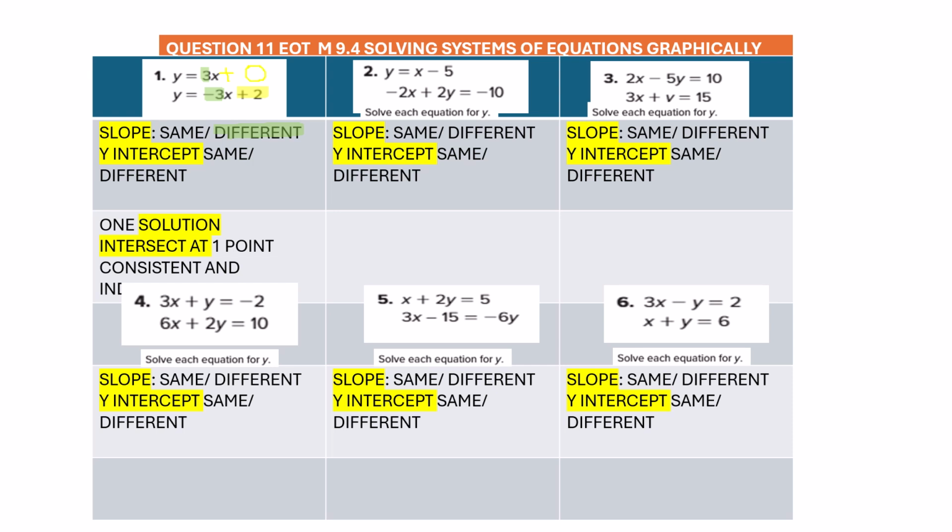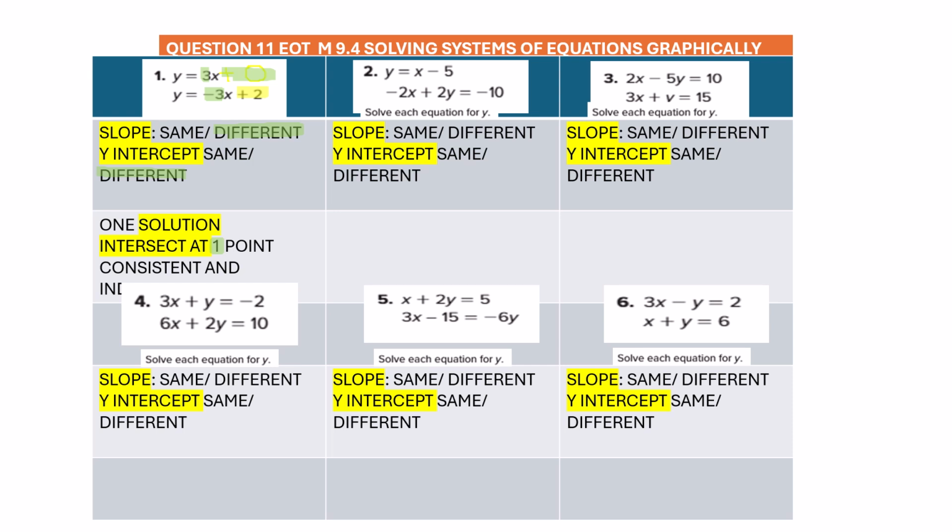And you can see once again that they are different, right? Your slopes are different and also your y-intercept is different. You have 0 there and you have 2. Therefore, they have one solution and they intersect at one point. And we can now conclude that it is consistent and independent.